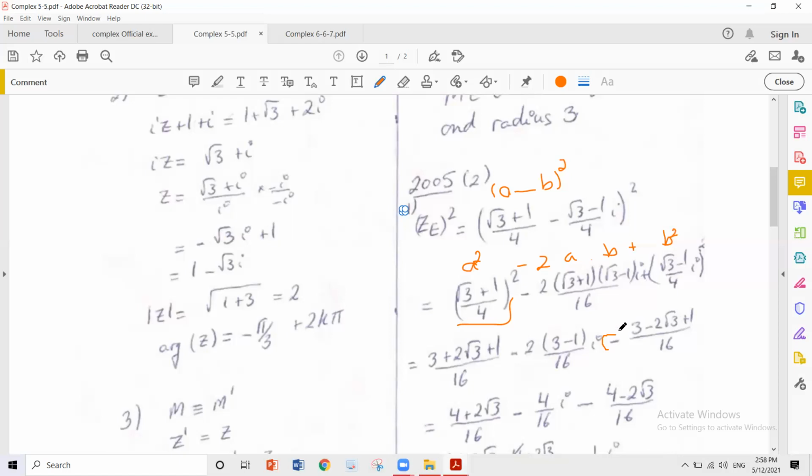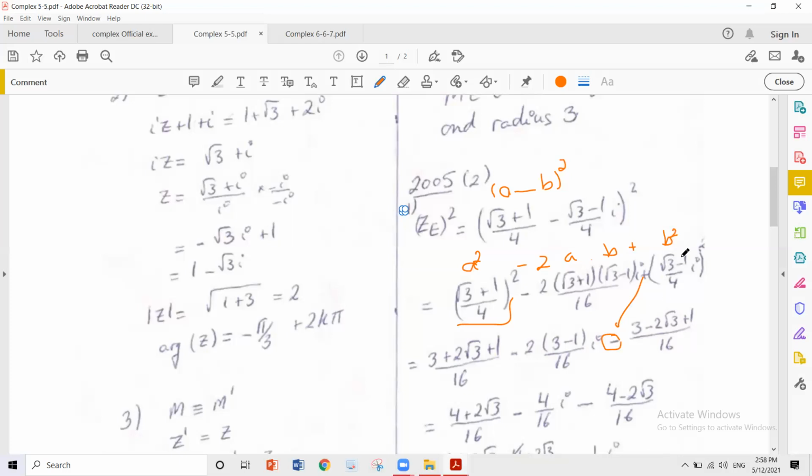Why does this one become minus? Why did this become minus? Because i squared becomes minus 1. So A squared minus 2AB plus B squared over 16.